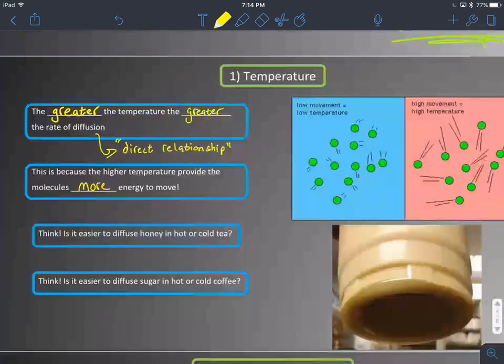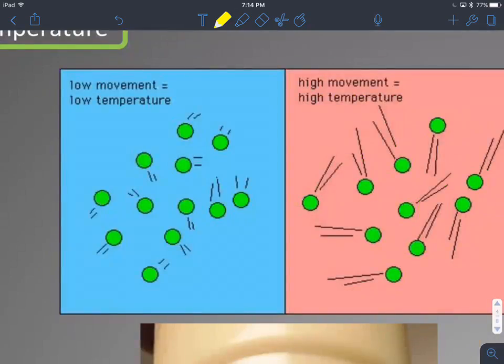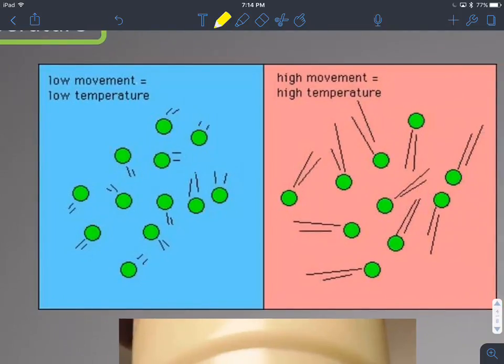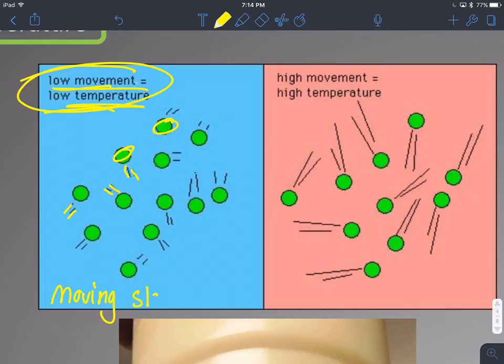If you look over here to the right, you guys can see that there's an actual picture of what I'm trying to explain. So over here, if you have low temperature, there's low movement. And what you can see is that these little green molecules, right, shown by the size of these lines behind them, are actually moving at a slower pace. Now, if we look on the right where we have a high temperature, it says we have high movement, okay?